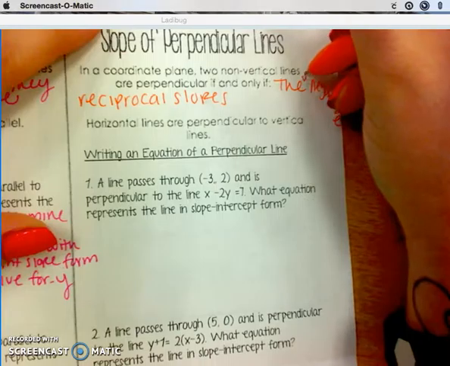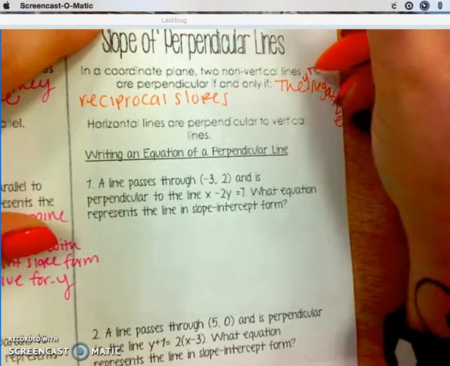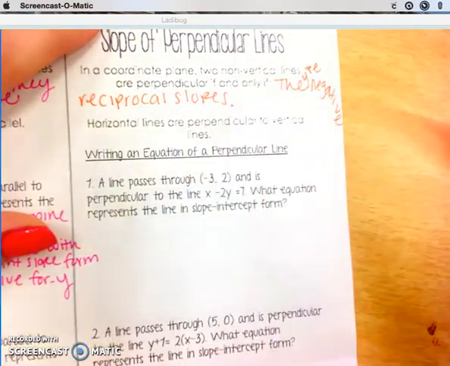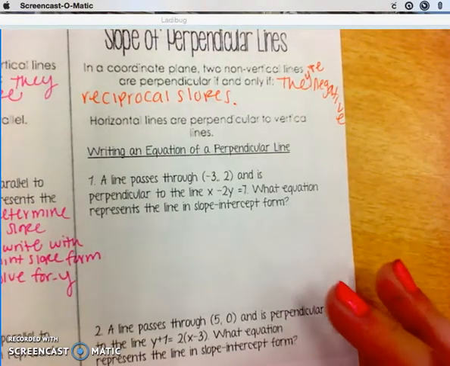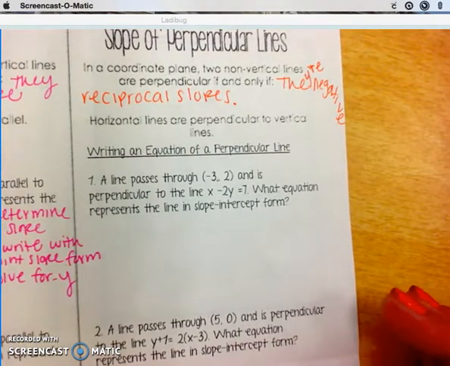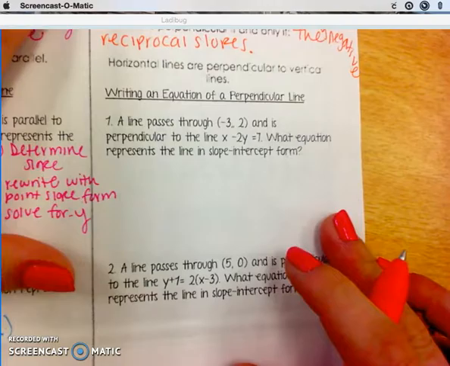So they're negative reciprocal slopes. It's kind of jumbled, sorry about that. But it'll make more sense when we see an example.